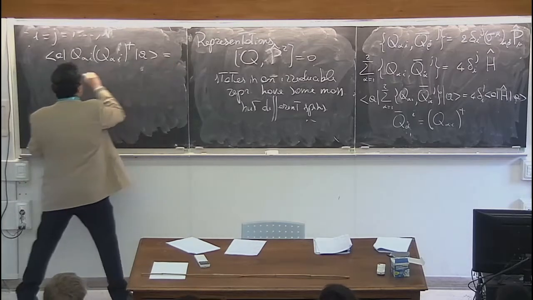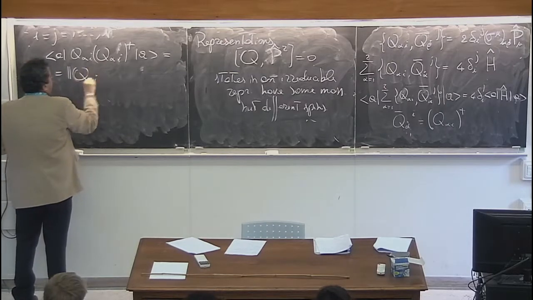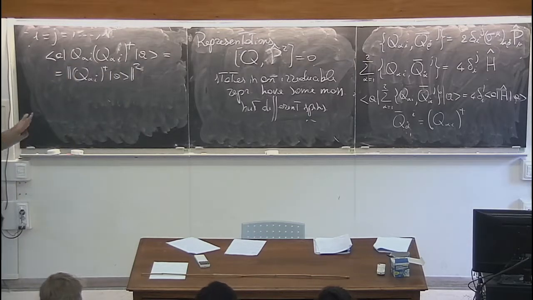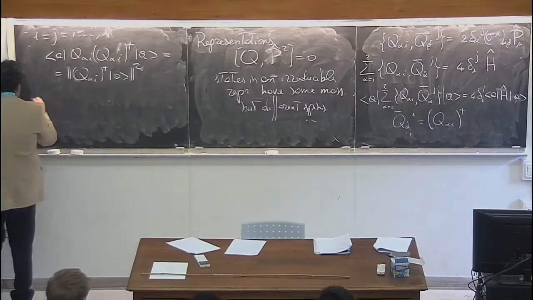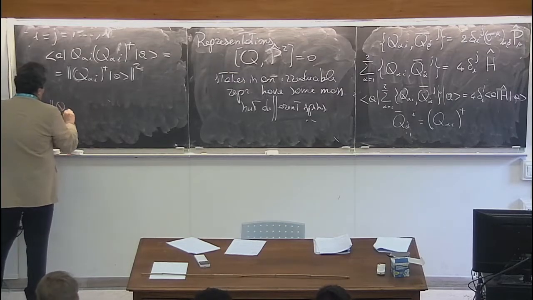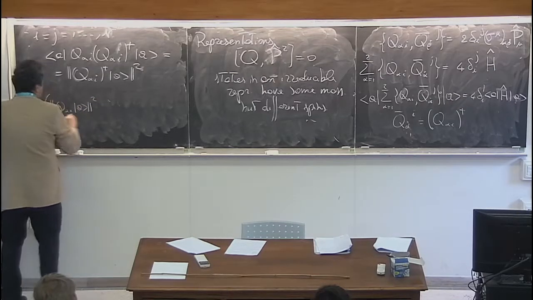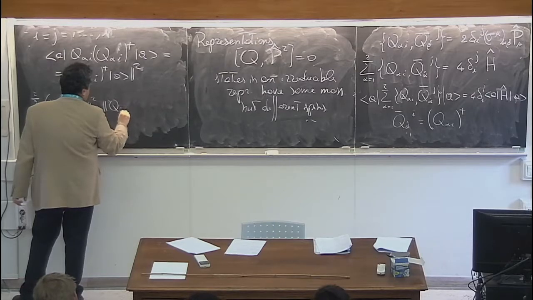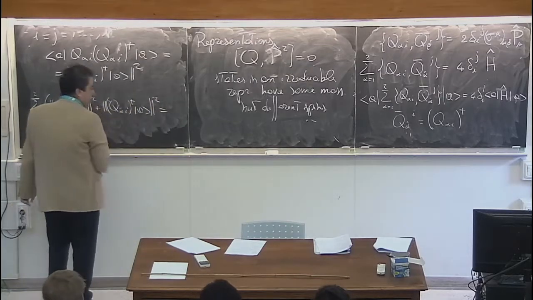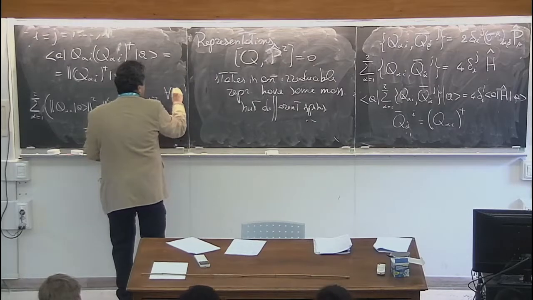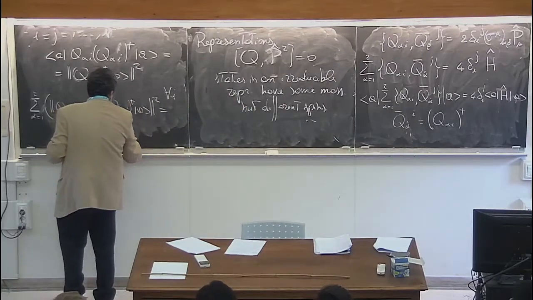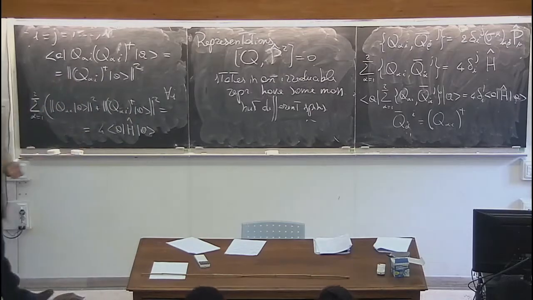But this is nothing but the squared norm of Q_α^I† A. So the right-hand side is the sum over I, sum over α from 1 to 2 of the squared norm of Q_α^I A plus the squared norm of Q_α^I† A. And this is equal, for any I, because I is a free index, to the expectation value 4 times ⟨A|Ĥ|A⟩.